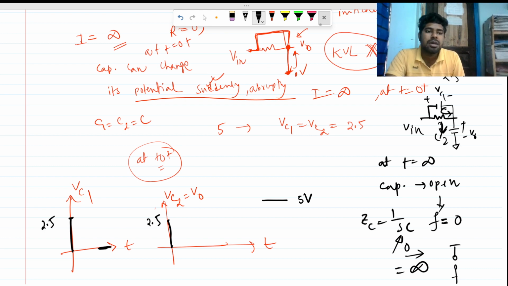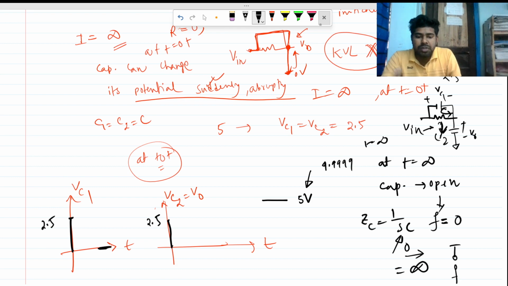Okay. Like fully charged to V in, at steady state at t equals infinity. Okay. But we know that the V out cannot be 5 volt completely, it will take infinite time. So this is not possible, right? So this will go to 4.9999 like this. Okay. So it will go asymptotically to 5 volt.